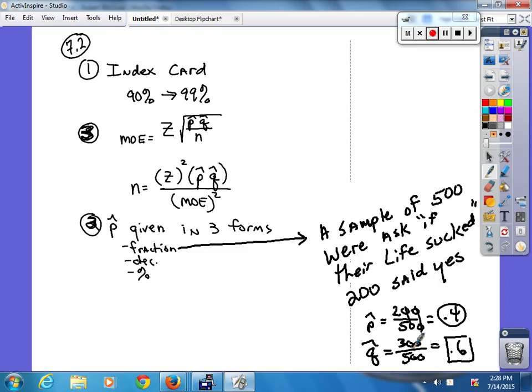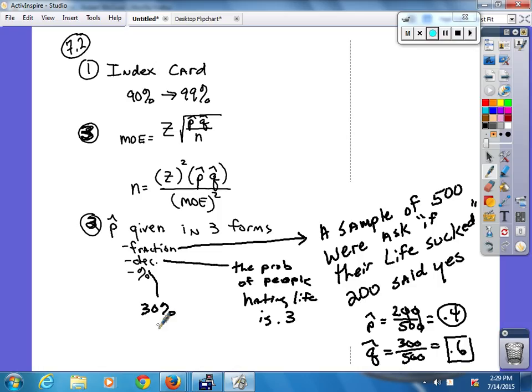And of course, a decimal, they would say the probability of people hating their life is 0.3, right? And then this one would say 30% of people hate life.